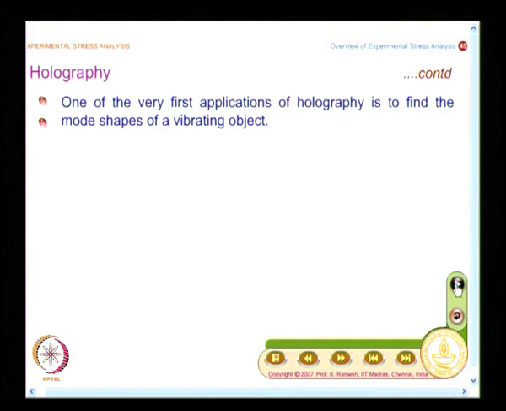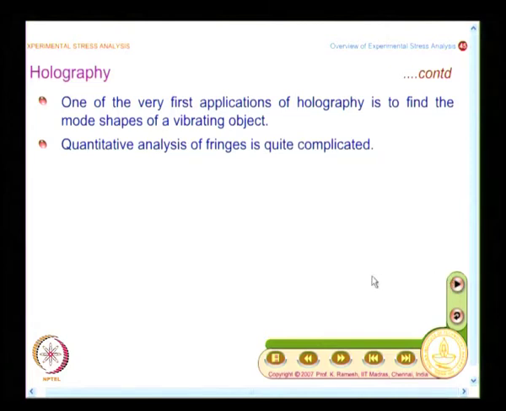But interpretation is quite complicated. Why is it complicated? Quantitative analysis of fringes is quite complicated because we record a lot more information than we can handle, as you go from planar surfaces to arbitrary curved geometry.